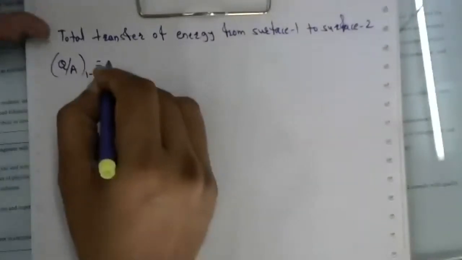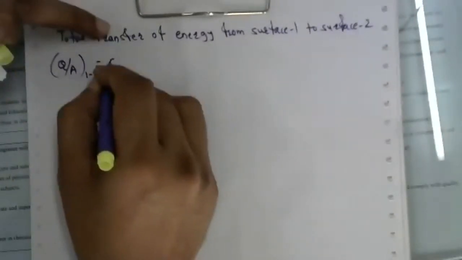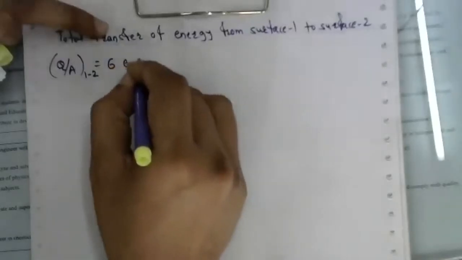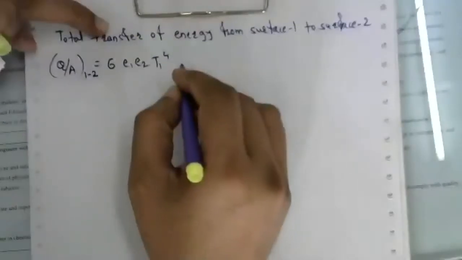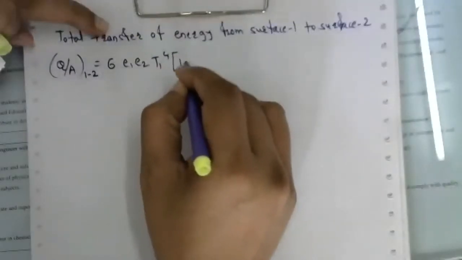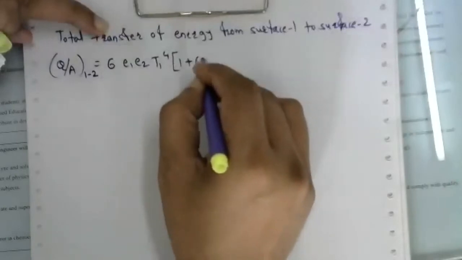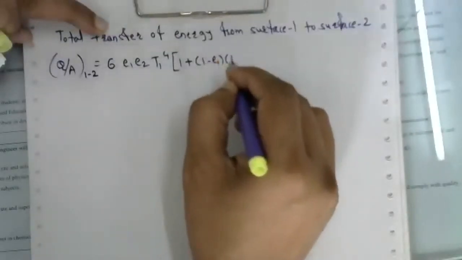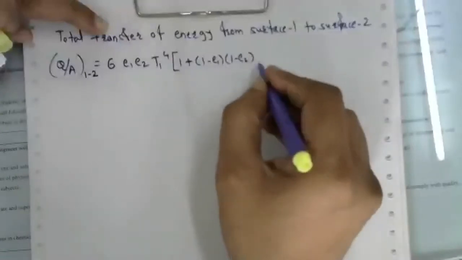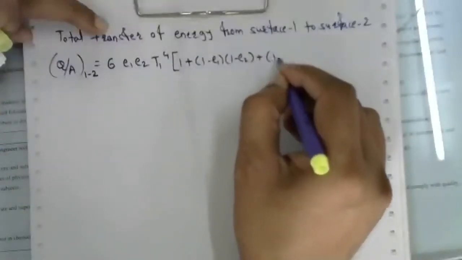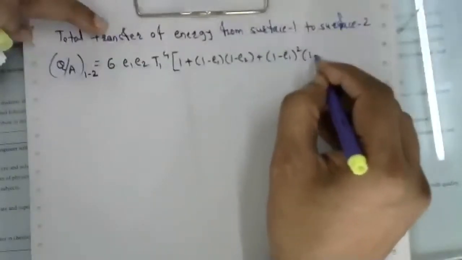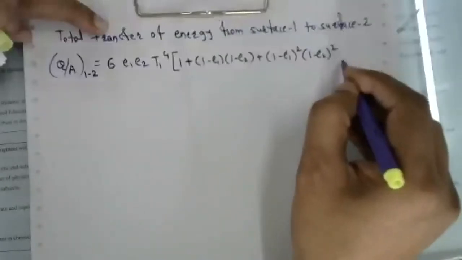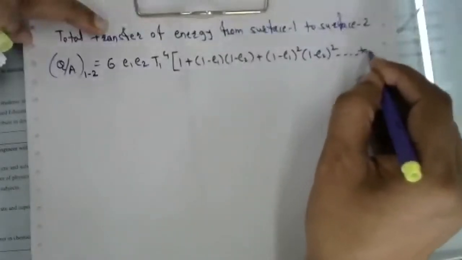So it is sigma E1 E2 T1 raised to 4 in bracket, 1 plus (1 minus E1)(1 minus E2) plus (1 minus E1) square (1 minus E2) square, and like that to infinity.